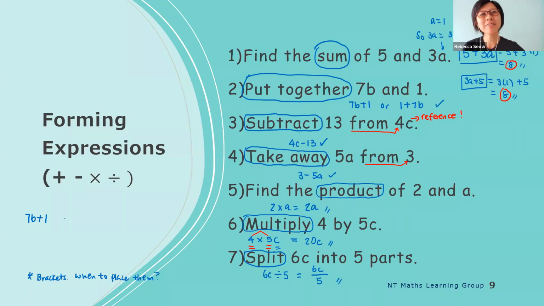If I put down stems here, without the bracket, the stems belongs to just the number before it and not the 7b. If I want my teacher to know stems belongs to 7b and 1, I have to group that expression.